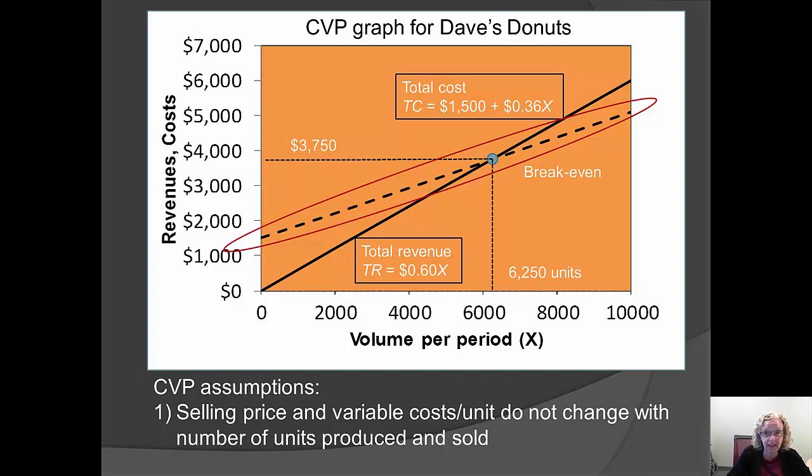The other thing that we need to be able to assume is that we are able to classify all costs as either fixed or variable. Again, this is to help simplify our math.